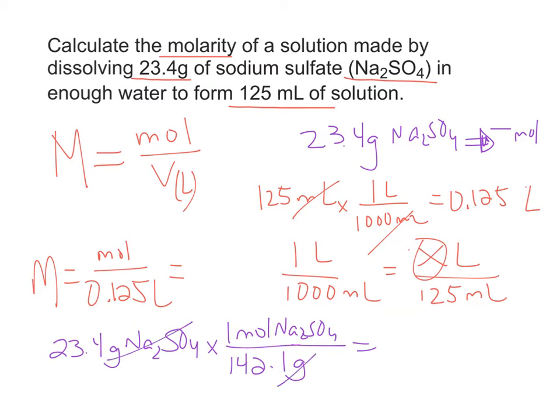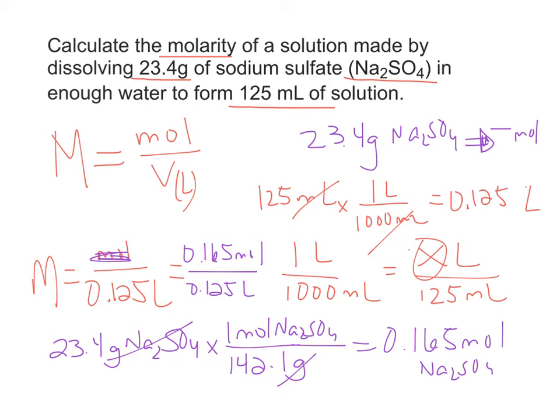My grams will cancel, and I will find out that this amount of grams is equivalent to 0.165 moles of sodium sulfate. So that's what I'm going to put here. 0.165 moles over 0.125 liters.